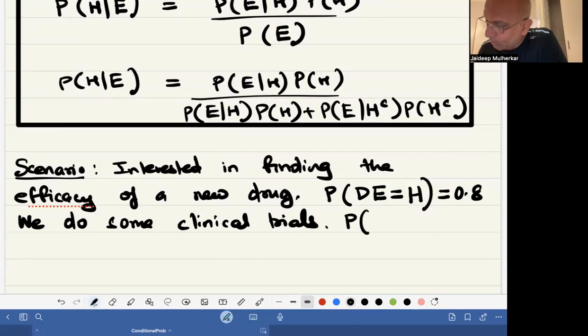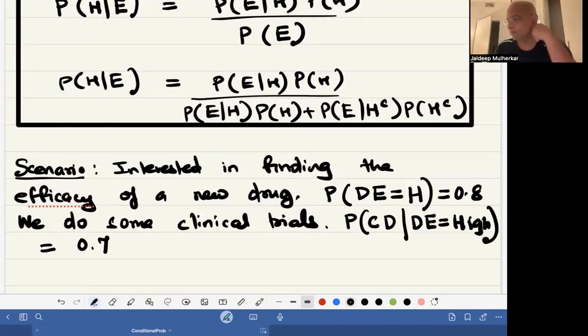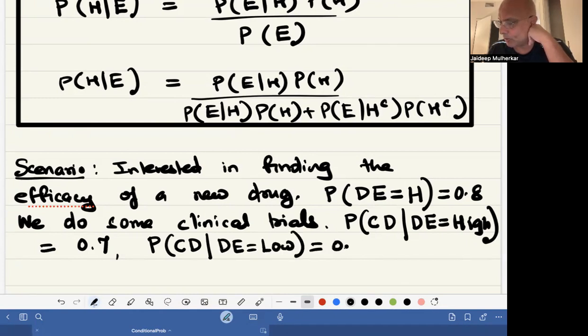So how likely is the clinical data given that the efficacy is high? Let's say it's 0.7. And the likelihood of that kind of clinical data, given that the drug efficacy is low, is, let's say, 0.6.